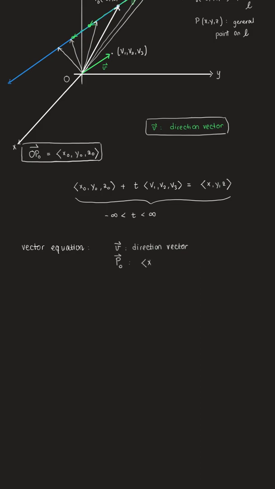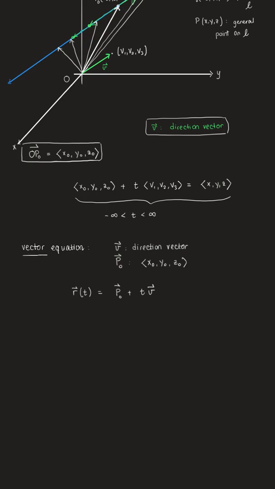So we'll say it's x0, y0, z0. This is the position vector from the origin to the point p sub 0. And we get our vector equation. So our line, let's call it r of t, because we still have a parameter t, notice. That's going to be our vector p0 plus t times our vector v, where v is the direction vector.